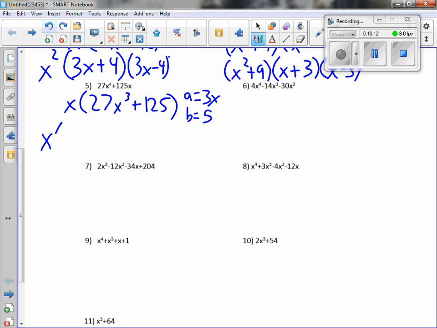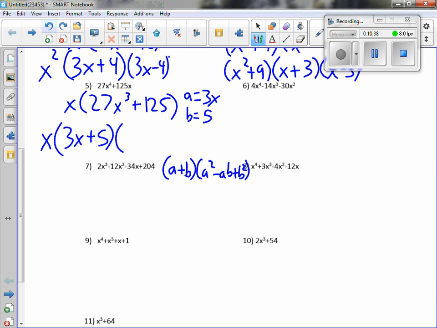So after we bring down our GCF, the formula now for this one, because there's a plus sign, number 1 had a minus sign. When there's a plus sign, your formula is a plus b, a squared, minus ab plus b squared. That is your formula for when there's a plus sign. So a plus b, 3x plus 5.